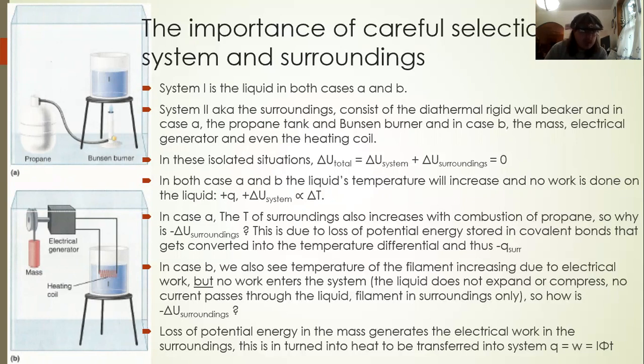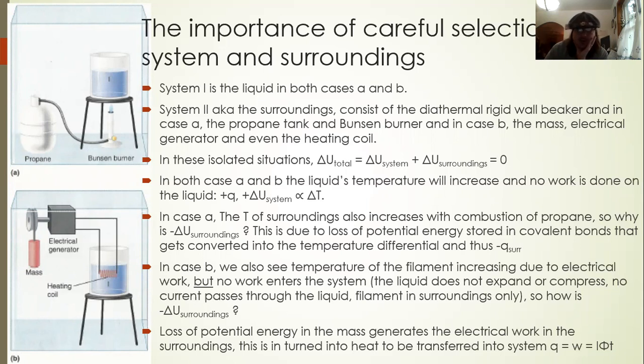In example B, we have an electrical generator with a resistor submerged in the beaker and a mass that will fall down, thus turning the electrical generator, thus generating current, where the resistor will produce electricity and heat up, thus heating up the water. Now, in both A and B, the system will be the liquid, but the surroundings is kind of important.